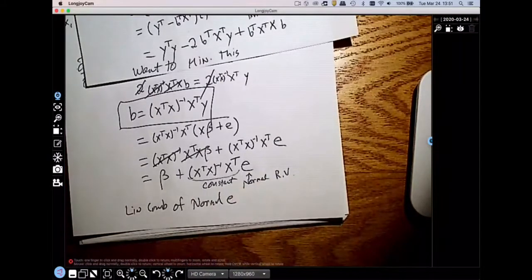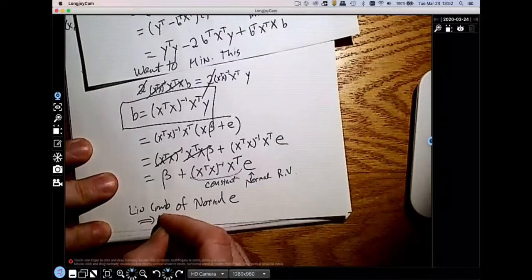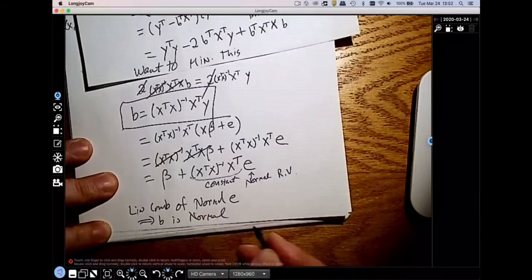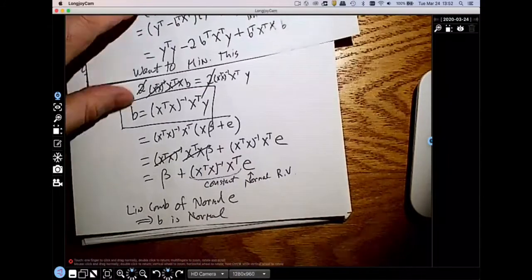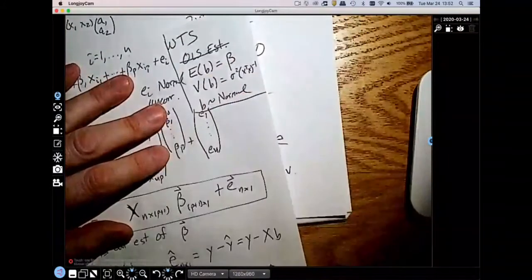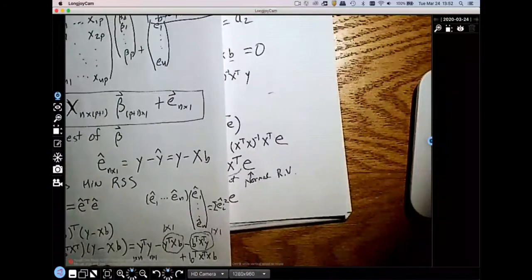So if you take a linear combination of some normal random variables, you end up with something normal. So therefore, this tells us b is normal, as long as our errors are normal. So I'm going to go back to what I claimed we were going to show. I claim that I've just shown to you that our b's are normal.